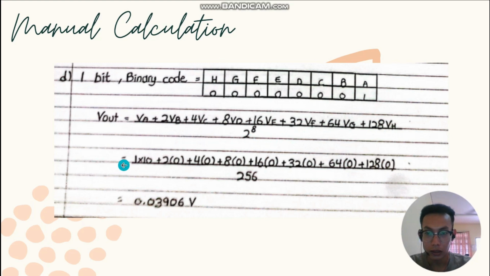So equal 1 times 10 plus 2 times 0 plus 4 times 0 plus 8 times 0 plus 16 times 0 plus 32 times 0 plus 64 times 0 plus 128 times 0 over 256. So equal to 0.03906 volt.